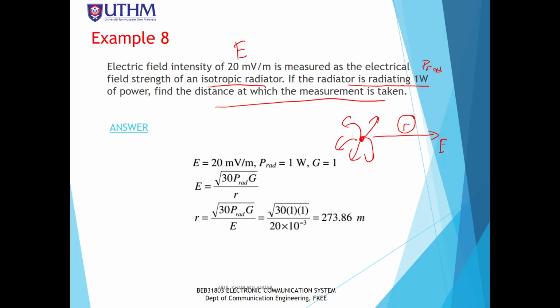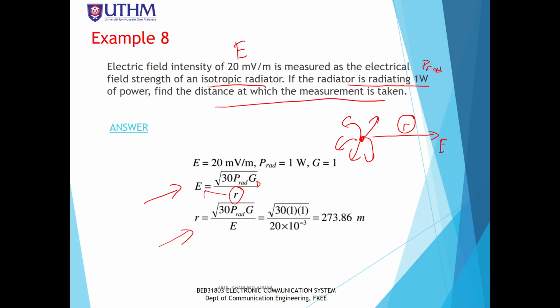Therefore, we can find this using the E field equation. Based on the E field equation, we can find the value of R. Remember that E field is equal to the square root of 30 times P radiation times G, divided by R. So if you want to find R, you put it outside. So R is equal to the square root of 30 times P radiation times, this is actually GD.